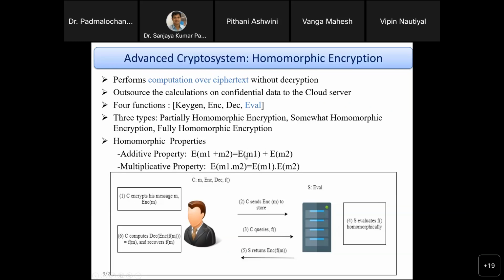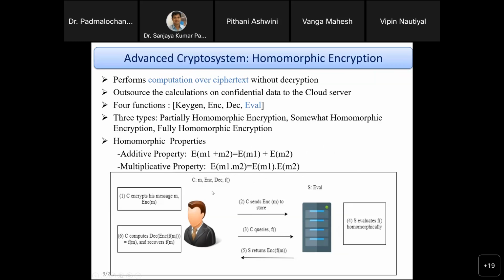You see here, this is the encrypted plaintext M1, this is ciphertext C1, this is C2. So C1 plus C2 is the same as the encryption of M1 plus M2, the whole message addition. Similarly for the multiplicative property. If these two hold, then we can implement any computation in the ciphertext domain, because all computations can be reduced to a combination of additions and multiplications.